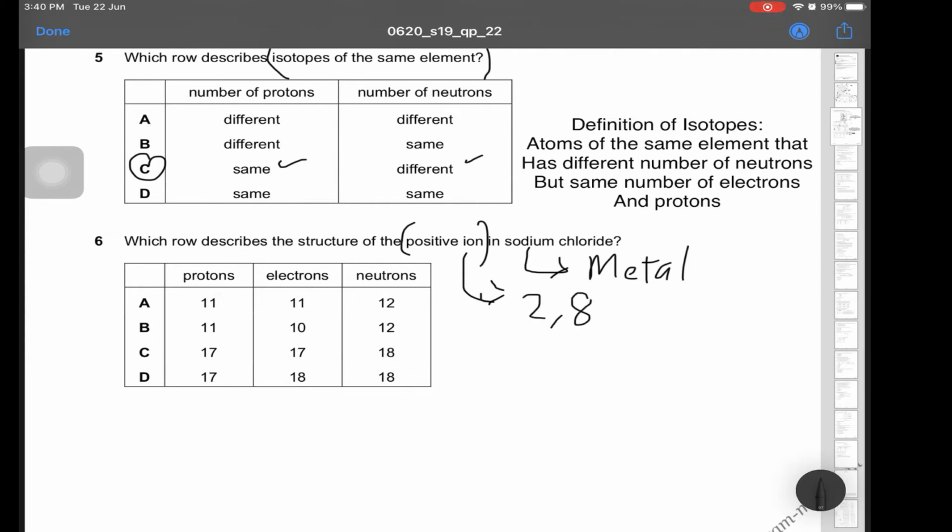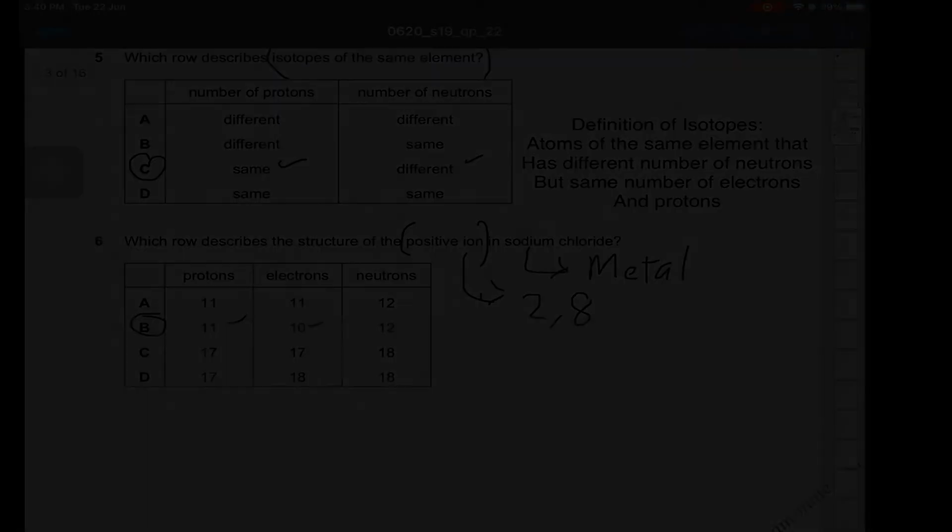So you'll be left with this configuration of 2 and 8. So the total number of electrons in the sodium ion will only be 10, and the protons will be 11, since sodium is element number 11. And the answer will be B.